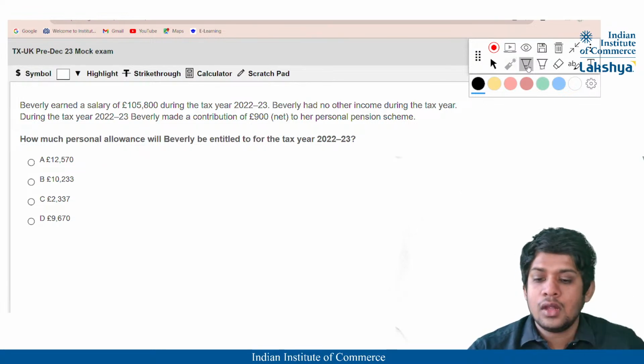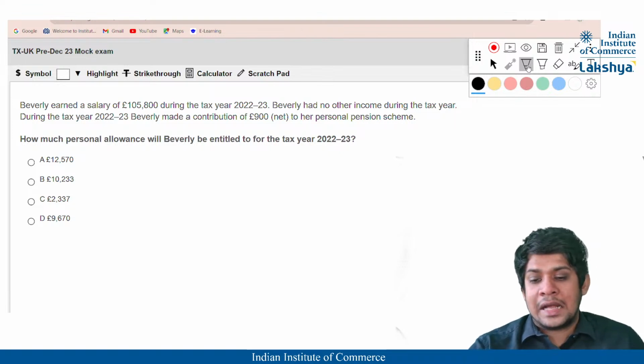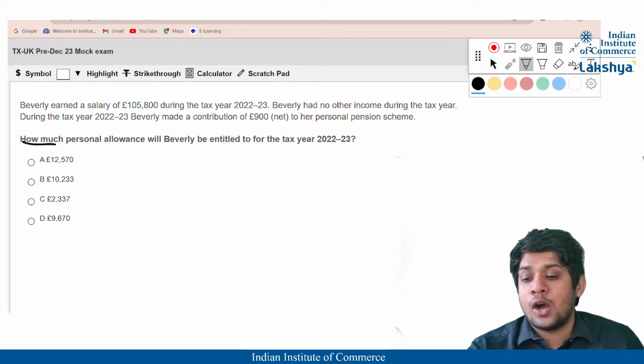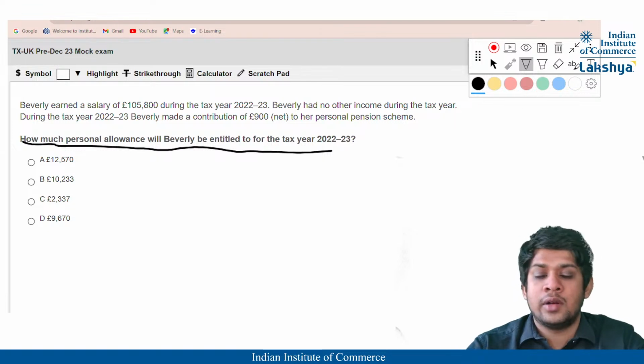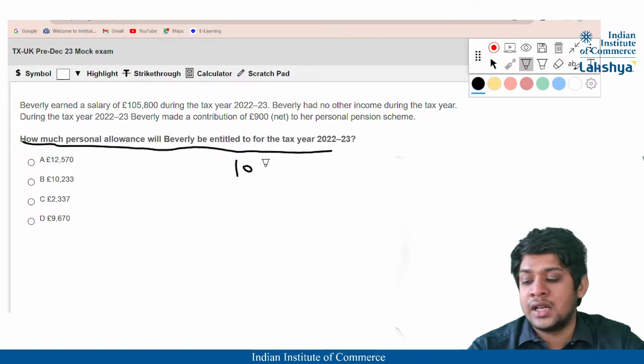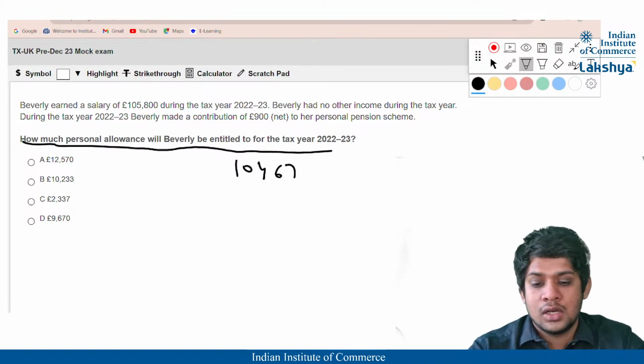Now, what they're asking is how much personal allowance Beverly will be entitled to, so her personal allowance will reduce. I'm not asked to calculate the tax liability. Her adjusted net income, which we calculated as 104,675, is still above 100,000.